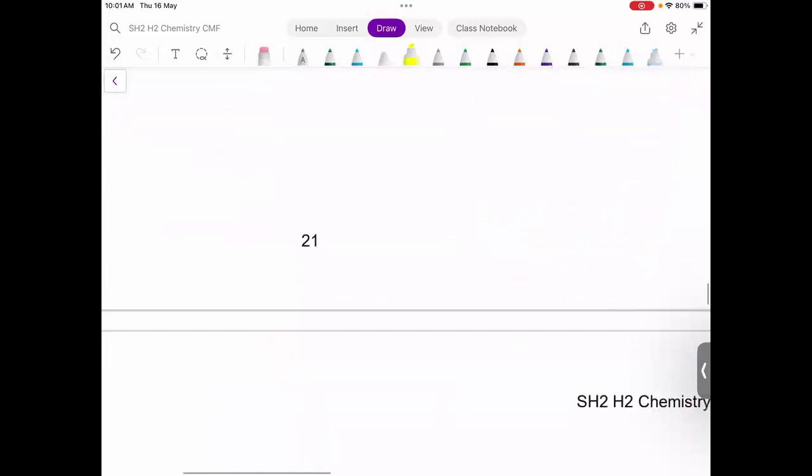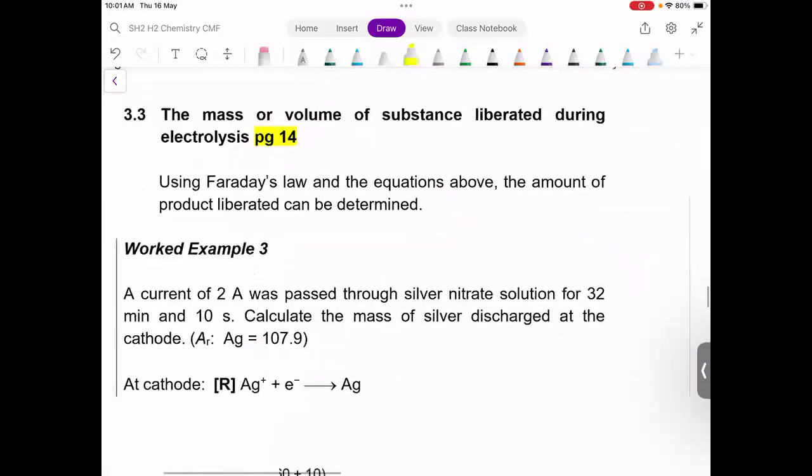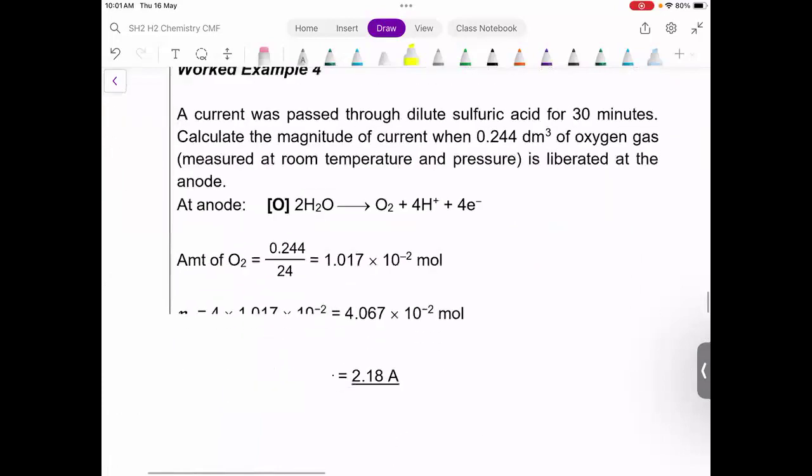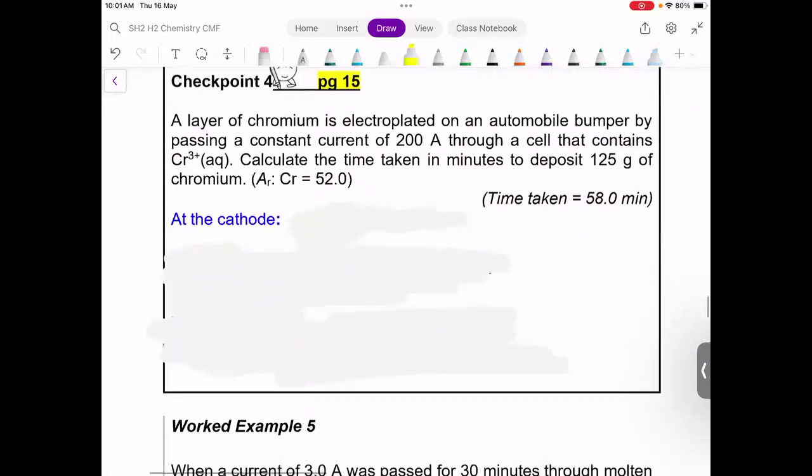The rest I will not go through with you. It is just a worked example, some calculation. So let's go straight to checkpoint 4.